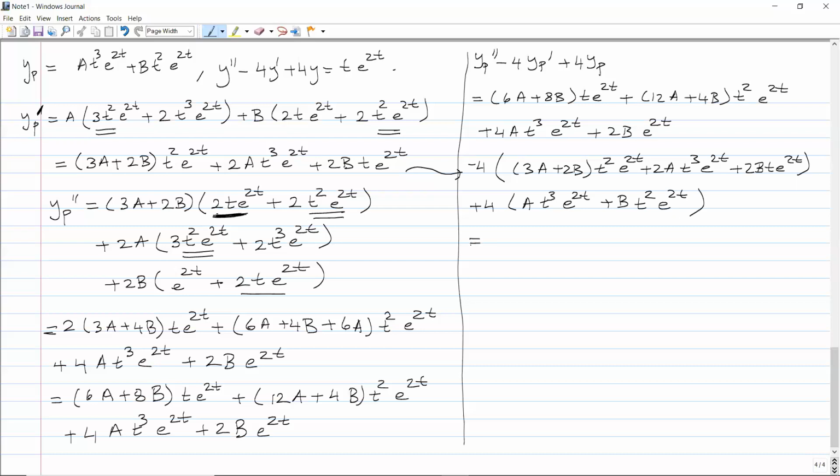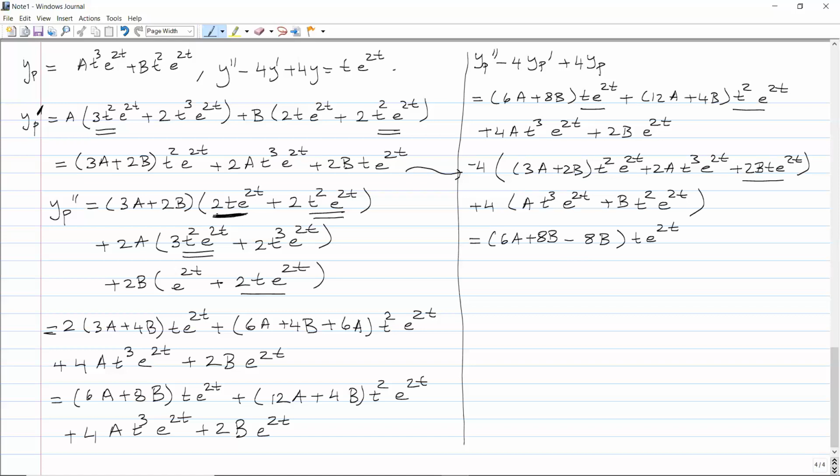Okay, so first the term t e to the 2t. I have a term here, another term here. That's it. Okay, so here the coefficient in the first term, 6a plus 8b, and in the second term I have 2b, but remember it's multiplied by minus 4, so minus 8b t e to the 2t.